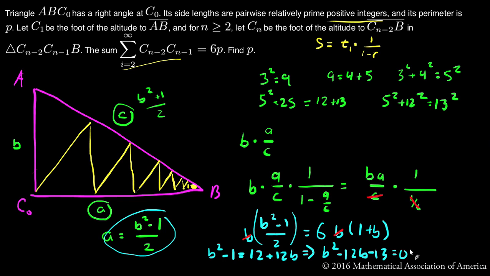That's actually really easy to factor. So that gives me b minus 13 times b plus 1 equals 0. The solutions are 13 and negative 1. Negative 1 cannot be a side length in a triangle, so the answer for this, I'm going to use b equals 13.